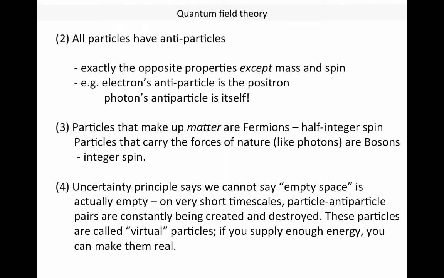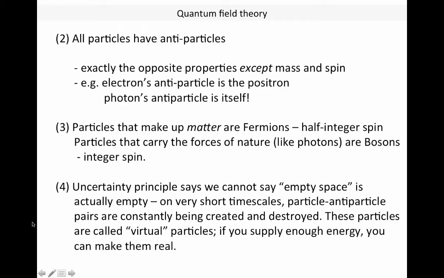Okay, so electrons, protons, and neutrons, which build all of the atoms that make up the matter that we see, are all fermions. But particles that carry the forces of nature, like photons, which carry the electromagnetic force, they are all bosons. They have integer spin. So nature is divided up into matter, made up of fermion particles, and forces, which are caused by boson particles.